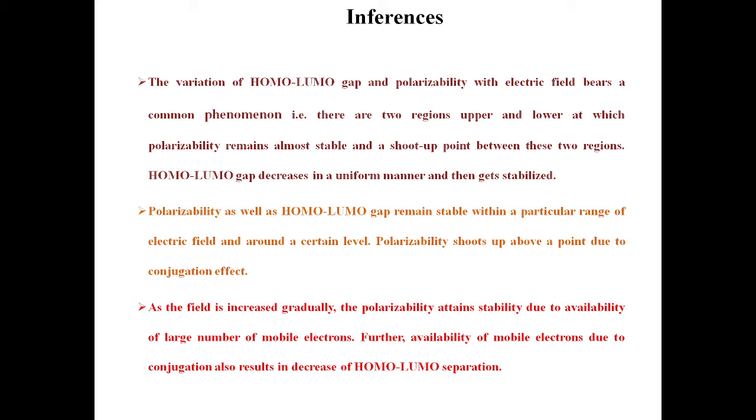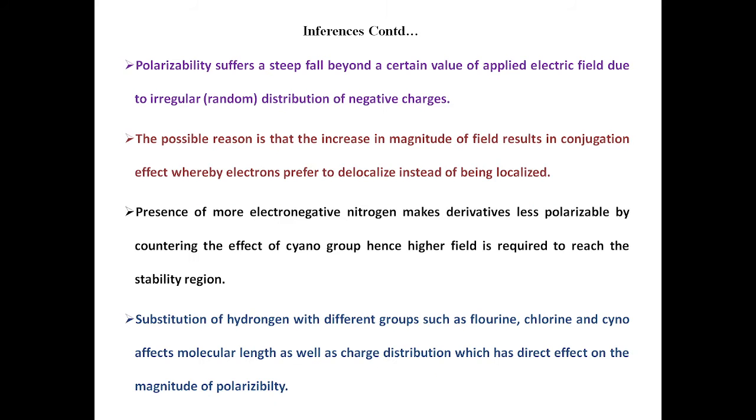As the electric field is increased gradually, the polarizability attains stability due to the availability of a large number of mobile electrons. Further availability of mobile electrons due to conjugation also results in a decrease of the HOMO-LUMO separation.